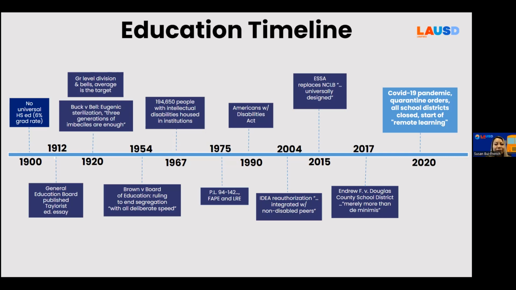In 2015, the Every Student Succeeds Act, or ESSA, is the main federal law for K-12 general education. It replaced the No Child Left Behind Act, and it includes Universal Design for Learning in its language. This entire timeline shows that we have made progress towards providing equity and access for all our students. Our remote learning situation has made us think about how we can provide access for all with UDL, how to use it during this era.